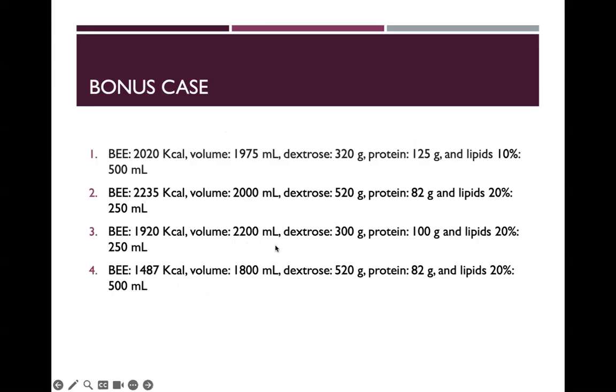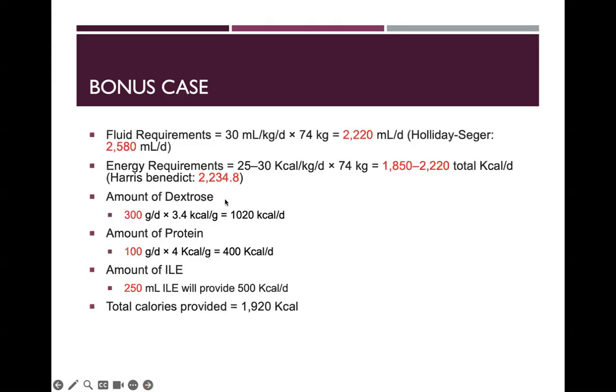So let's do option C. Maybe that will clear it up a little, because that's the right answer. So we said that this is within range. The volume is also within range. Let's try the dextrose, 300 grams. For dextrose monohydrate, it's 3.4 kcal per gram. So 300 grams gives you about 1,000 calories. For protein, it's about 100 grams. Everyone has a 4, so it's 400.